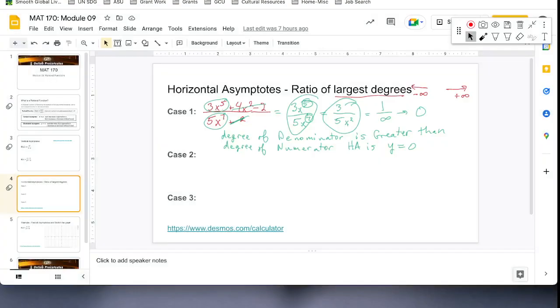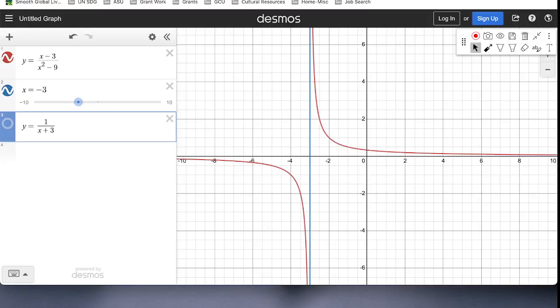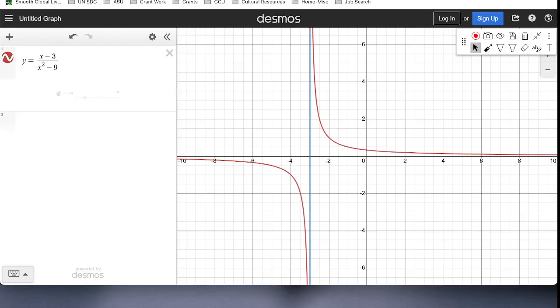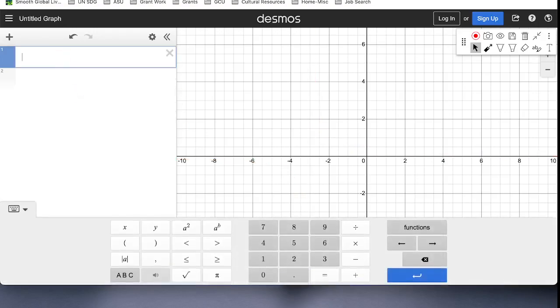Occasionally I'll do these and I make the exponents too big, and then the calculator can't even handle it anymore.